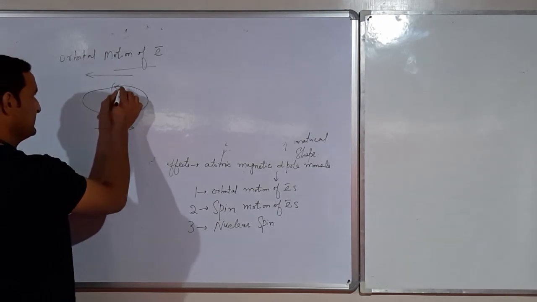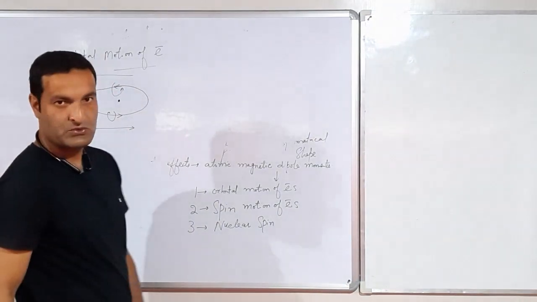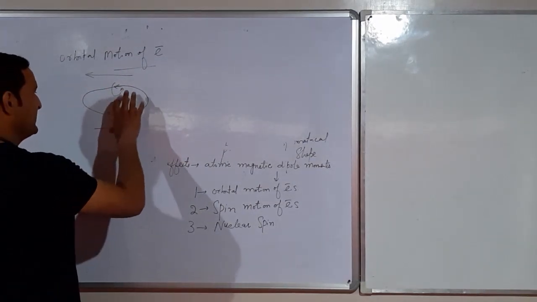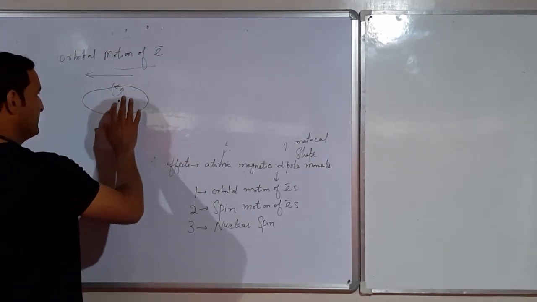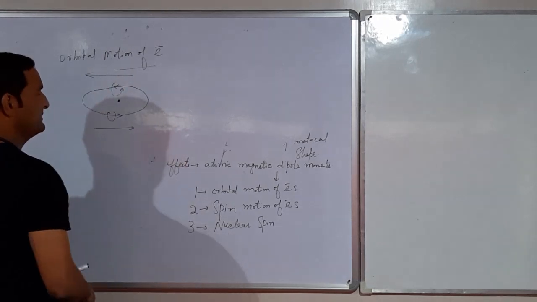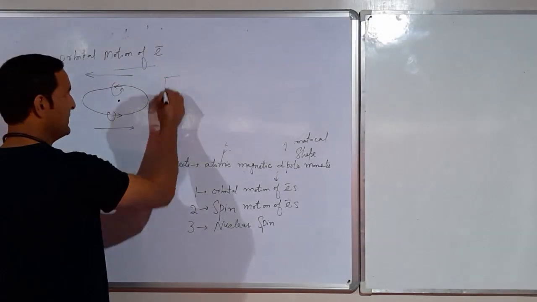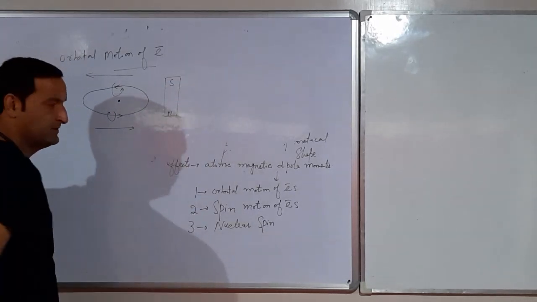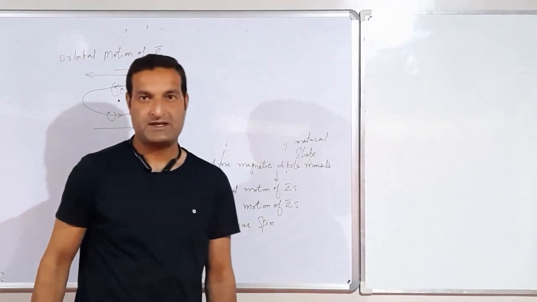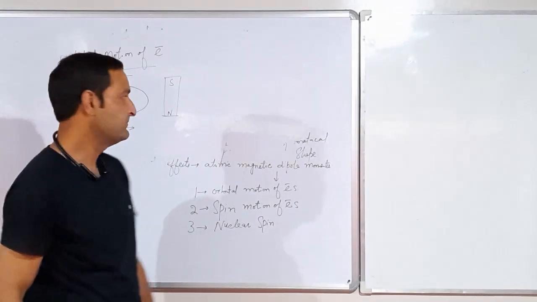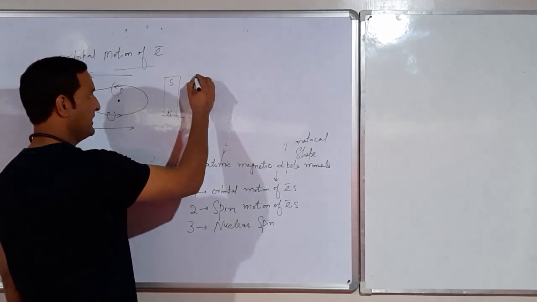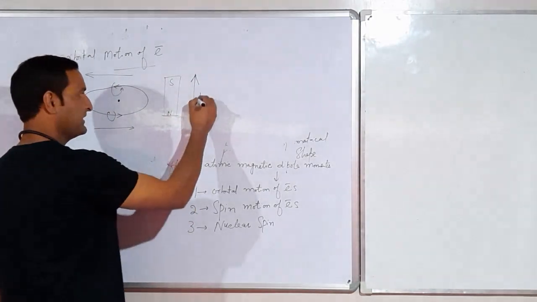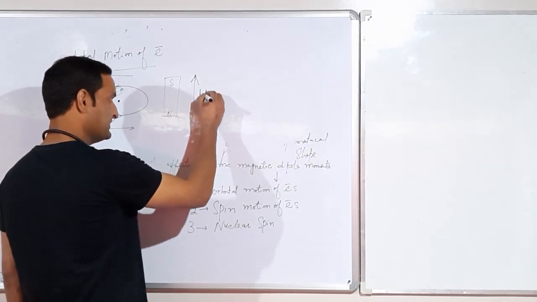The direction at these two points on this circular loop will be opposite, so one becomes a north pole and the other a south pole, like a tiny magnet having two poles. There is a magnetic moment associated with it, which can be represented by this arrow, and the representation is mu.